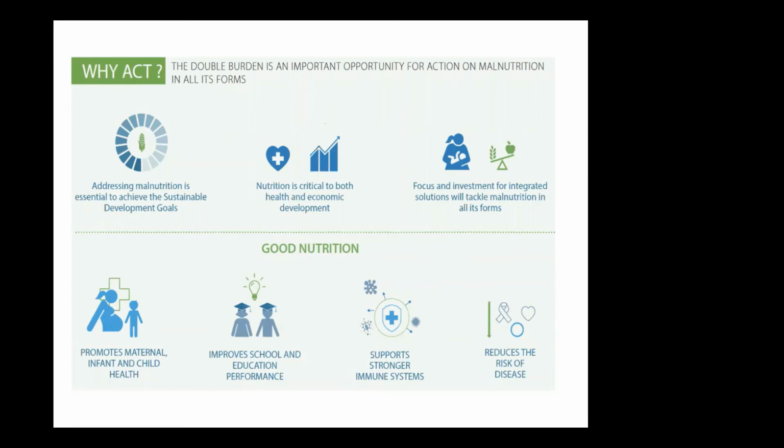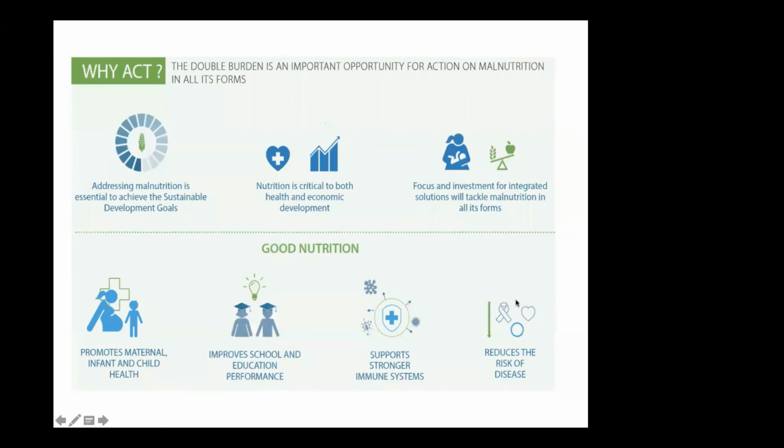For example, with stunting, there are studies that say if a child is stunted, educational performance is lower because cognitive development is decreased. That eventually contributes to lower productivity and economic development. And also good nutrition will build your immune system so that you can fight against diseases. So that's why we need to act on malnutrition, for these essential reasons.